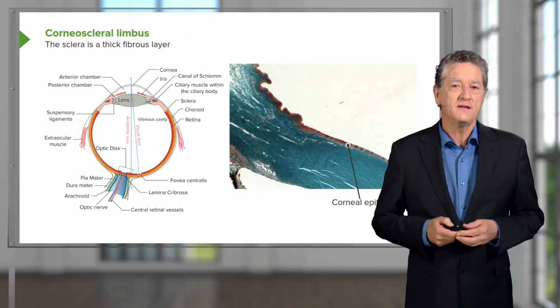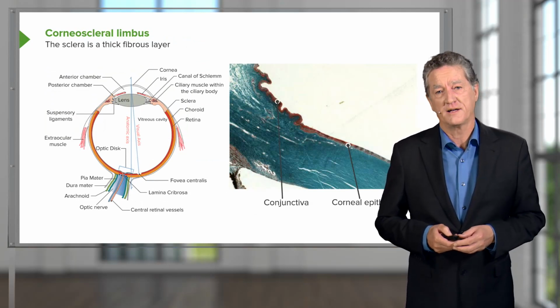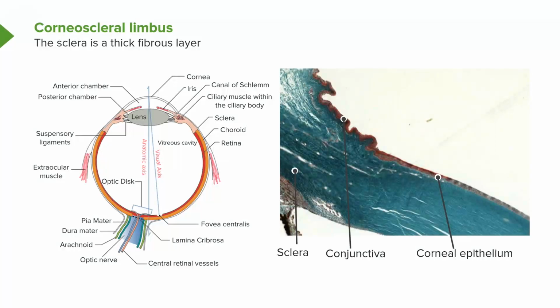The cornea then becomes continuous with the sclera of the eye and the junction of the epithelium with the conjunctiva. I'm going to come back to this image later on because I'm going to describe the canal of Schlemm, which is a very small network canal you can see at the very corner of this image, but I won't bring it to your attention yet.